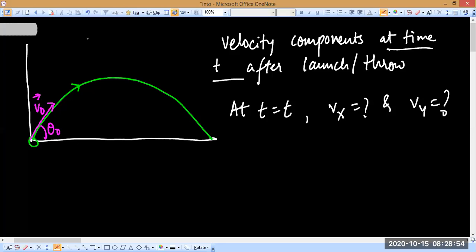Now, if you remember, I told you that acceleration here is constant. It means we can use what?